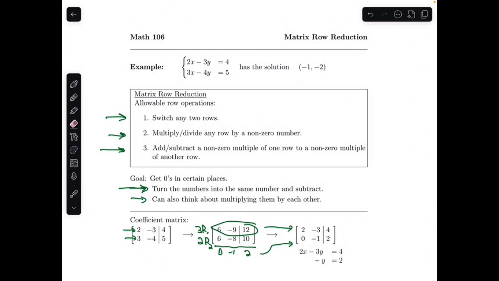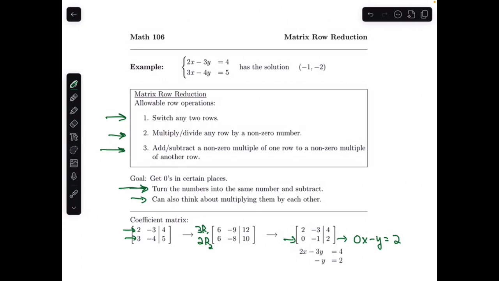So why is that 0 helpful? Now that we have this 0 here, if we put this second row back into equation form, it says 0x minus y equals 2.